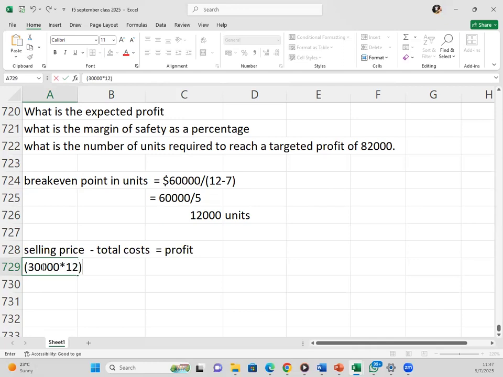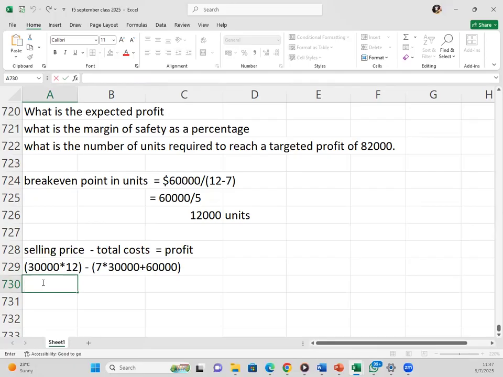The costs are the variable cost, 7 per unit times the number of units, plus the fixed costs of 60,000.